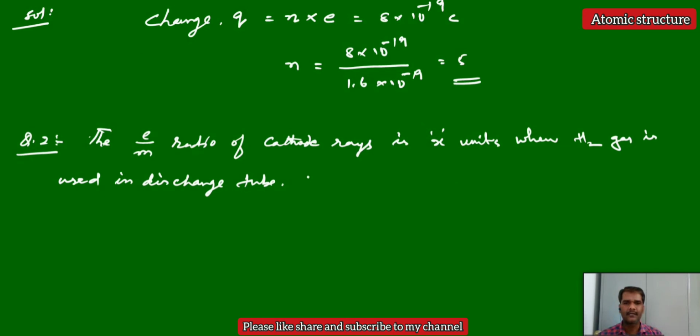Then what is the E by M ratio? 1.588 into 10 power 11 only.